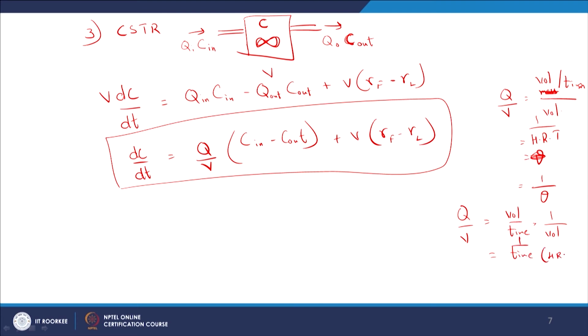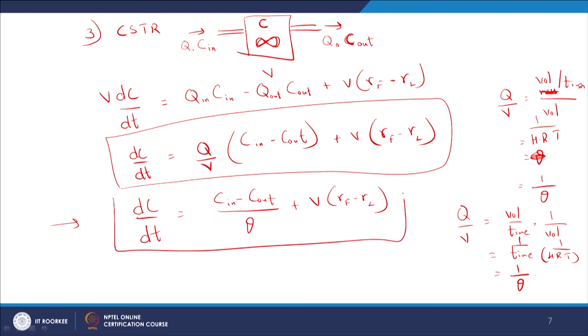Pardon me, let me redo that. Q by V is equal to 1 by theta. So what do we see here? dC by dt is equal to C in minus C out by theta plus rate of formation minus rate of loss, right. This is your fundamental equation.